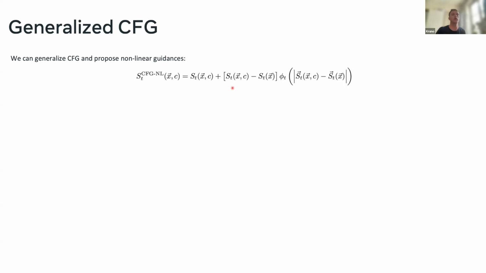But we can do a lot more. The only requirement for this phi function is that as s goes to 0, the limit of s times phi of t of s has to equal 0. I'll explain in a second what this means.